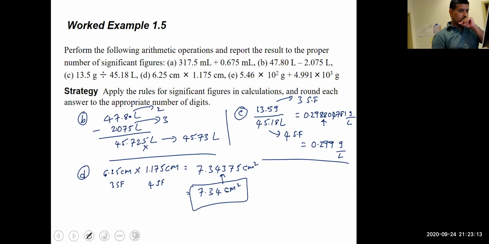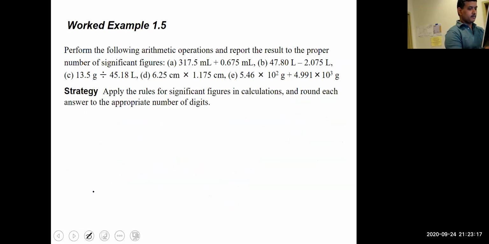So let's work on problem E. Problem E is doing an addition, but if you pay attention, both the exponents are not of the same magnitude. So whenever you're doing addition or subtraction, it is more convenient and accurate to convert them into the same exponent.